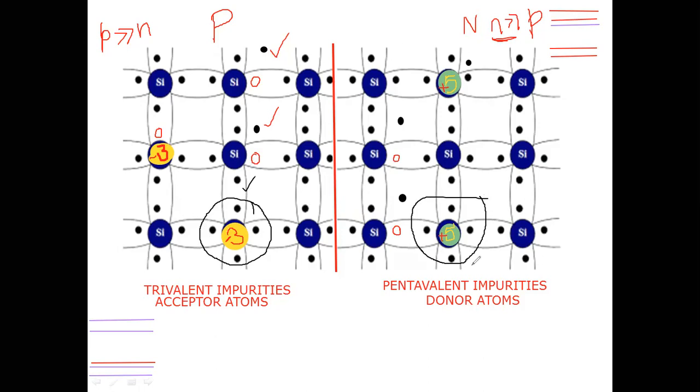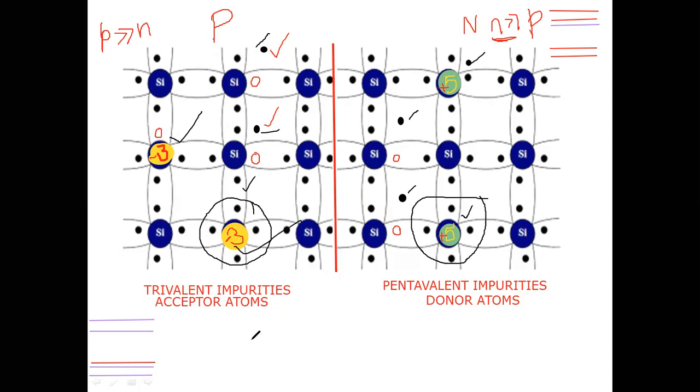Now the law of neutrality must be obeyed. The semiconductor must obey it, that is, total positive charge is equal to total negative charge. Total positive charge means the total number of holes plus the total number of positive charge ions. Negative charge is the total number of electrons in the semiconductor material plus the number of negatively charged ions.